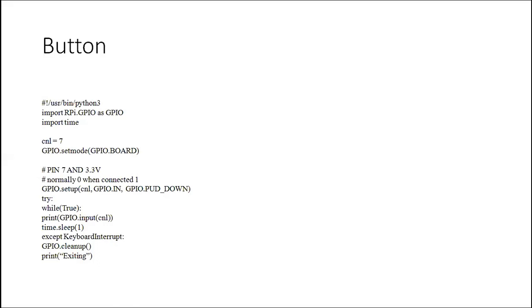We are using pin 7 for GPIO, and we are using the 3.3 volt pin for giving power to your push button. Normally your push button will be in a 0 state. Whenever you push, that will become state 1.